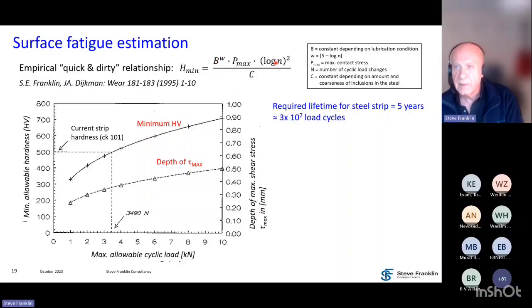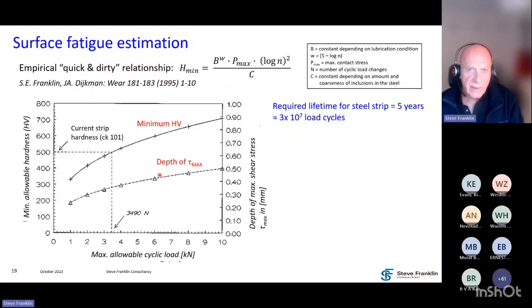N is the number of cyclic load changes, and P max is the maximum contact stress from the Hertz contact mechanics, and C is another constant which depends on how pure the steel is, if you like, so how many inclusions there are in the steel and what the coarseness of those inclusions are, because if you have a lot of very coarse, sharp inclusions in the steel, then this can reduce the fatigue strength of the steel.